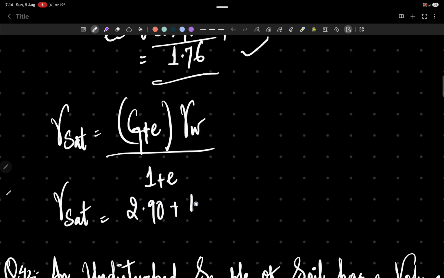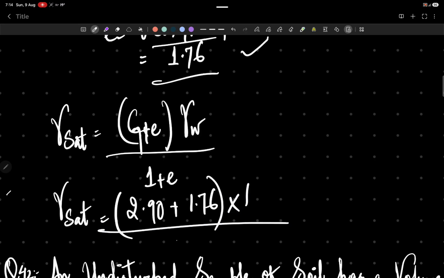E we calculated 1.76. Unit weight of water 1 gram per cc divided by 1 plus E, that is 1 plus 1.76, it will become 2.76. By calculation, saturated unit weight is 1.68 grams per cc.